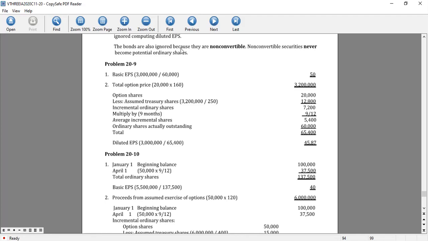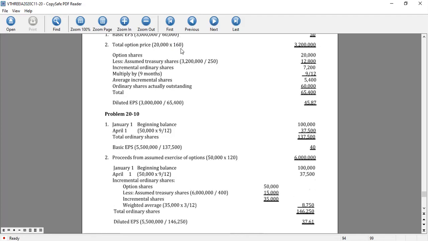37,500 is the result of multiplying 50,000 by 9 over 12, just like the January 1 inclusion. So incremental ordinary shares, the option price is 50,000. Then we add the assumed treasury shares.